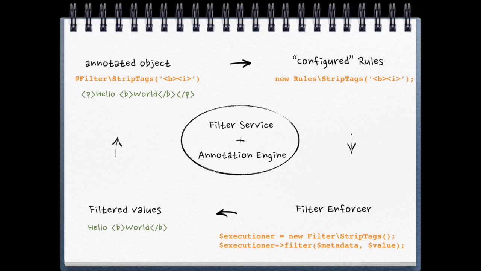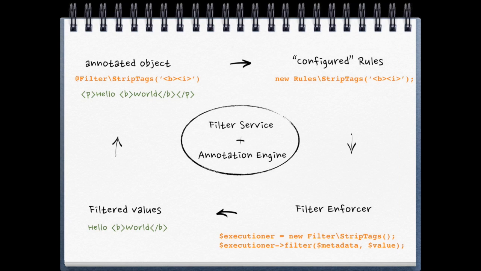So the process looks like this, and we start here on the top left corner. We have an annotated object, which has the strip tags rule attached to it, right? So basically, all the values in this particular property should have all of the tags stripped, allowing only the tags that I have defined in there, so bold and italic. In green, you have a sample text that would be the value of that property.